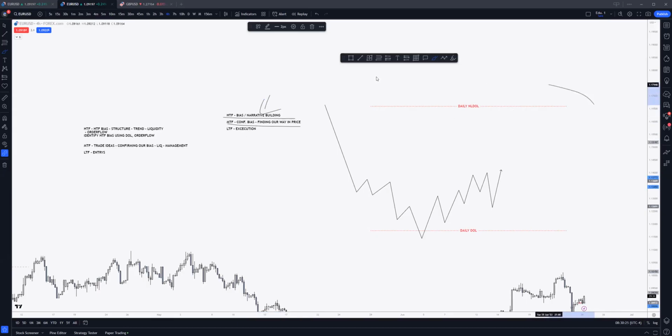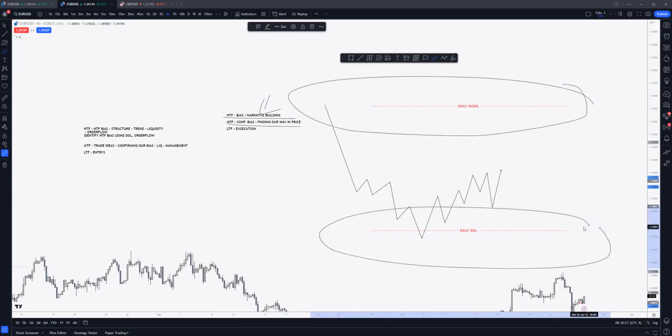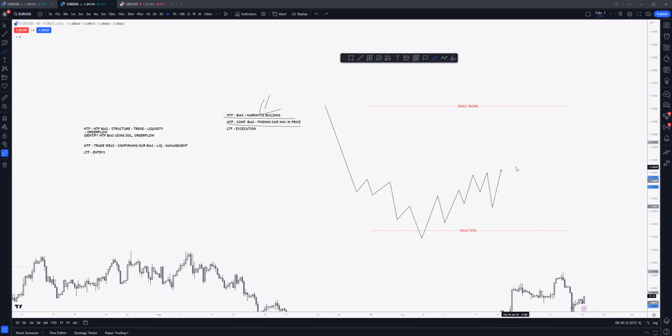The higher time frame narrative gives us an idea of what price is likely to do overall and what the intention is behind all of the moves that are happening in the medium time frame. And then the medium time frame is used to find areas that confirm that bias to then take trades. And the lower time frame is simply just to get involved.